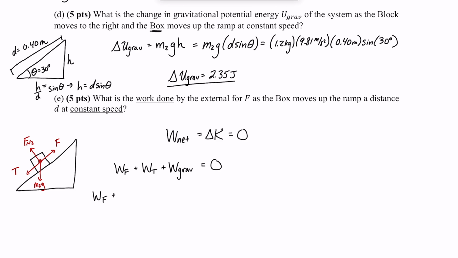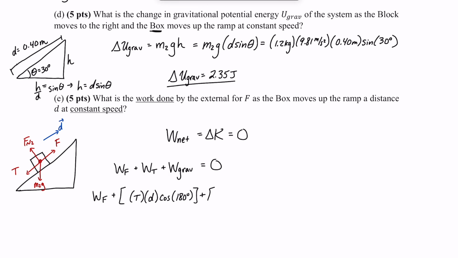For my tension work, this is going to be my force of tension times the displacement d times cosine of the angle between those two vectors. My object is moving up the hill. Tension is pointing down the hill, so the angle between those is going to be 180 degrees.